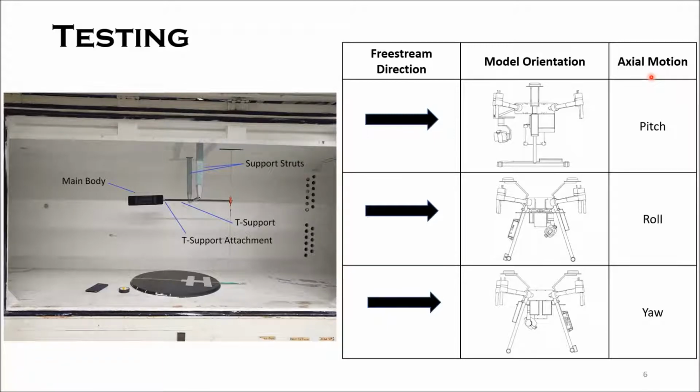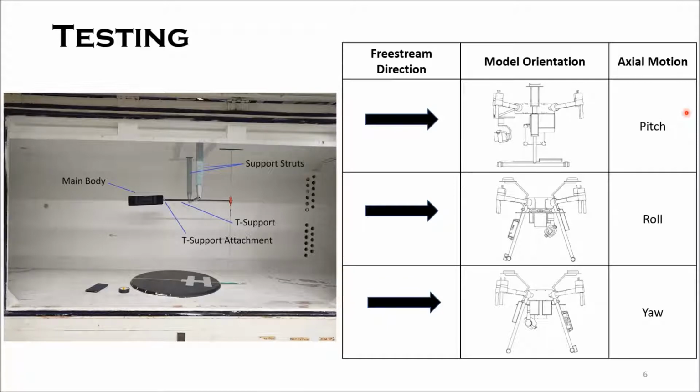The true angle values, however, were recorded by 3 IMUs mounted within the model body aligned with the body axes. The table on the right shows the model orientations for pitch, roll, and yaw. As we can see, the pitch orientation of the model is achieved by mounting the model so that the front view is facing the free stream flow in the wind tunnel.